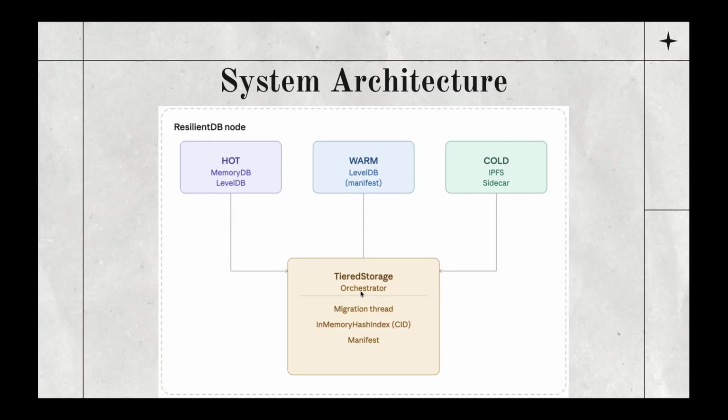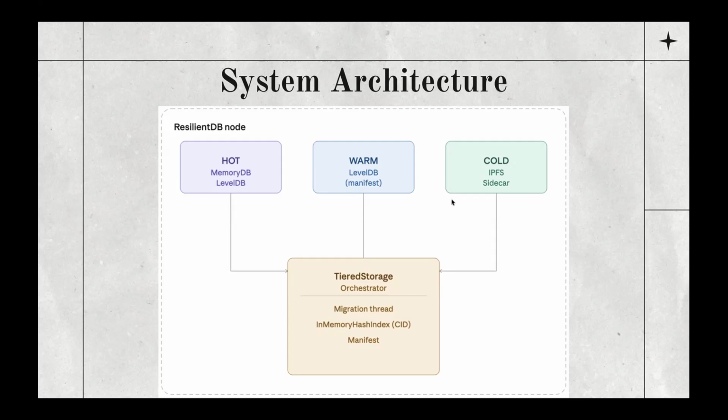The tiered storage interface is an abstraction over the existing storage interface. It has a migration thread which runs asynchronously. It has an in-memory hash index, which is an in-memory version of the LevelDB manifest, and the actual LevelDB manifest as well that acts as the secondary indexing layer.